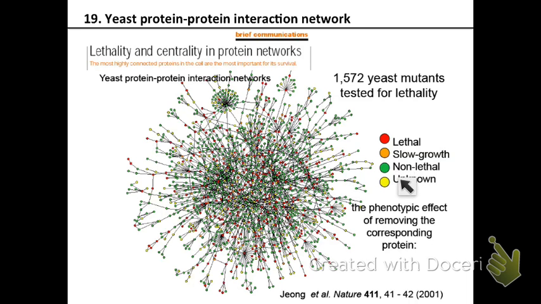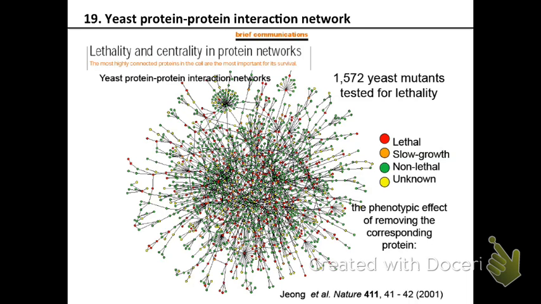These are not tested. Okay, so what they did then is color-code each of the nodes in this network for being either lethal or slow growth, etc. And what they could see is that a lot of the genes are non-lethal, so you see lots of green ones, and some of them are lethal, they're red.